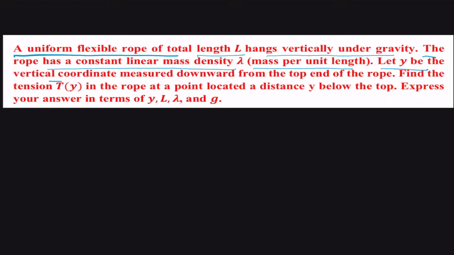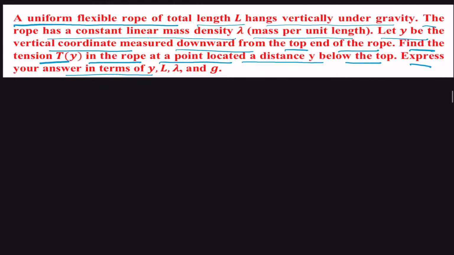Let y be the vertical coordinate measured downward from the top end of the rope. Find the tension T of y in the rope at a point located at a distance y below the top. Express your answer in y, L, lambda and g. And this is a comparatively easy question. Only the language is a little bit typical, otherwise it is quite straightforward.